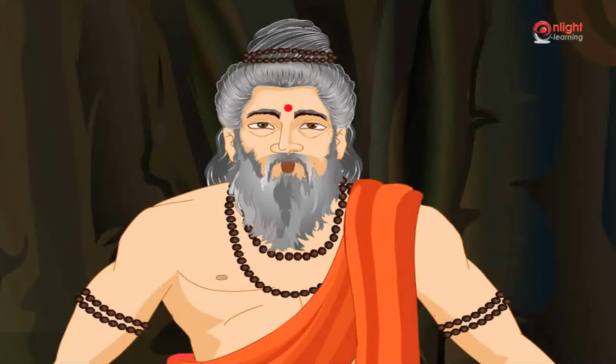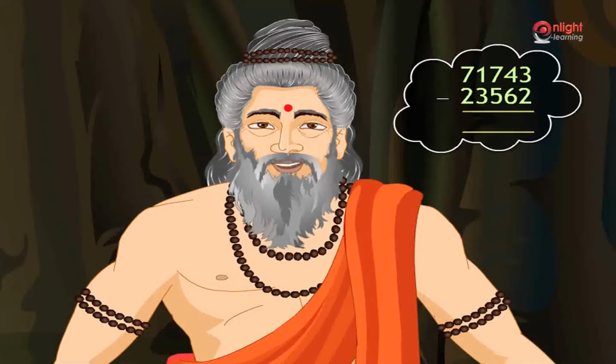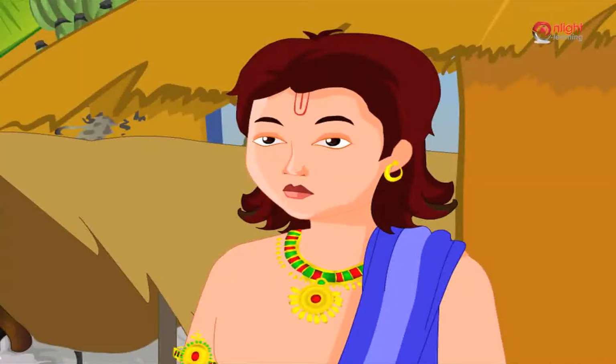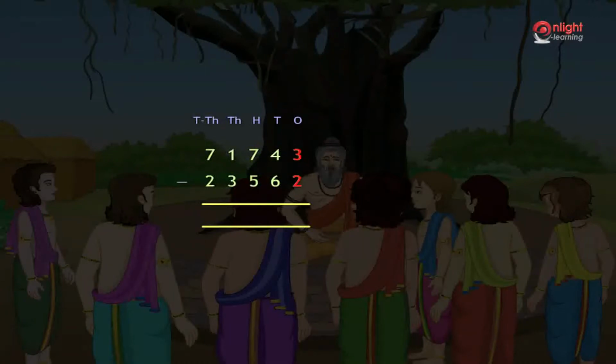One of you has to come and subtract 23,562 from 71,743. I will do it. Good, come on. In ones, there are 3 and 2. Subtracting, we get 1.